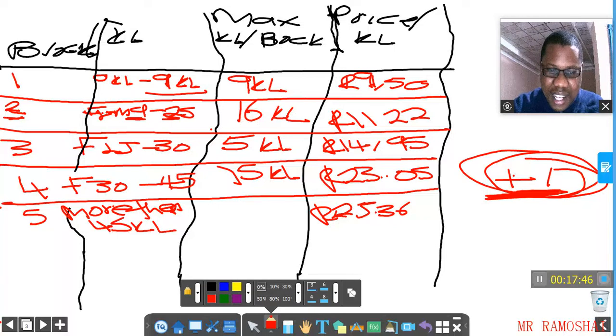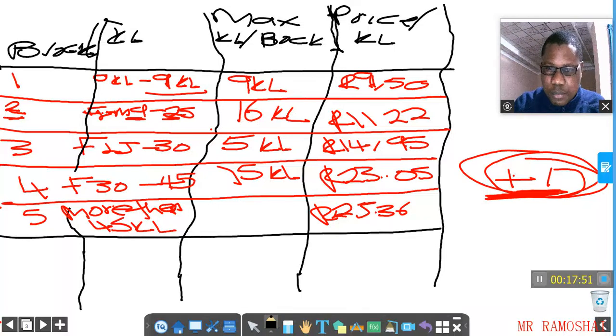I didn't write the maximum kiloliters on the last block. I didn't write anything in this block, guys. Reason 1: we are no longer being told, right? The other blocks count from these units to these units.